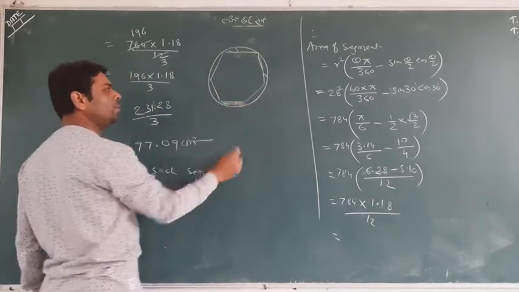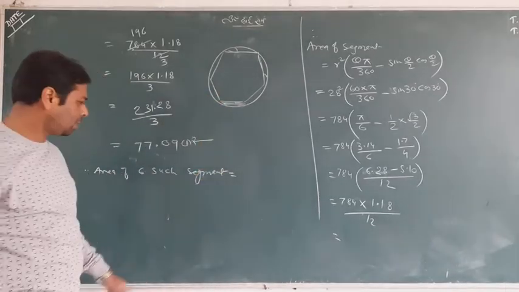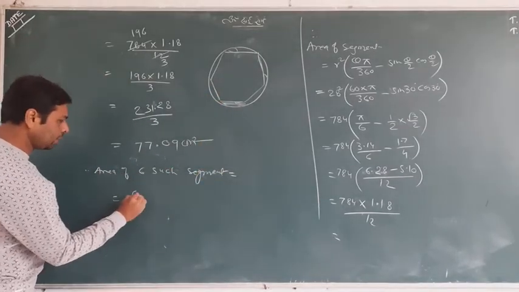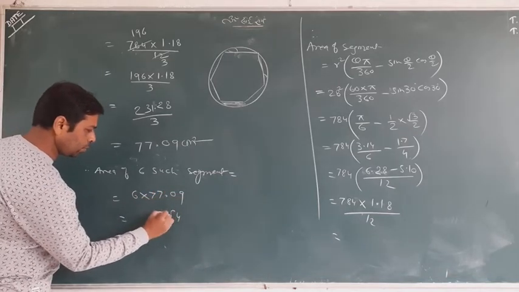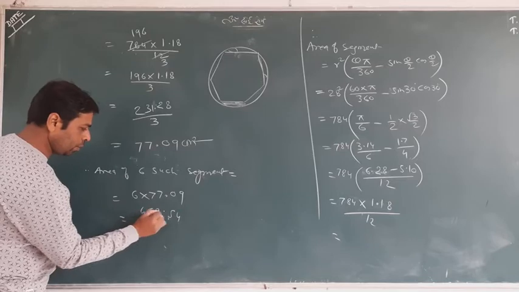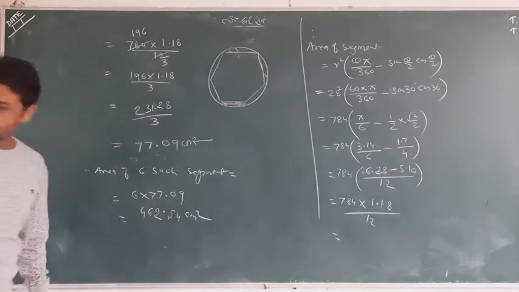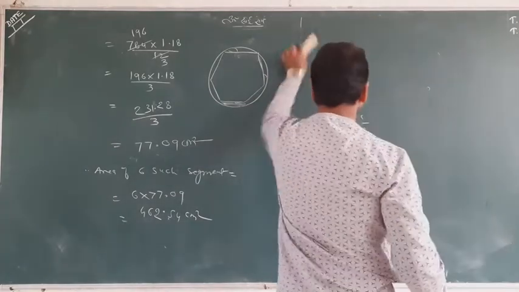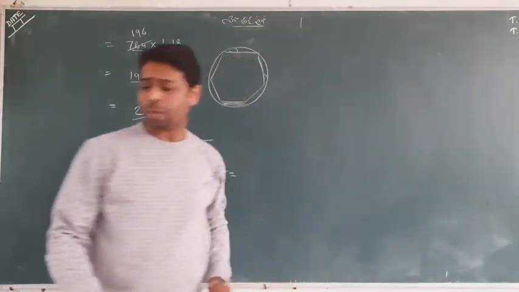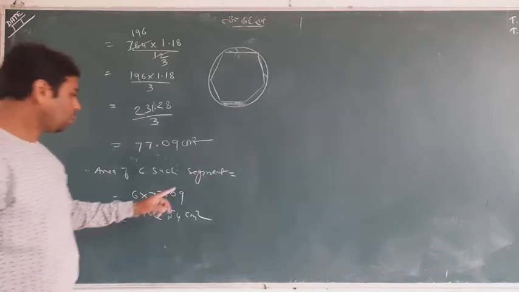Only one we found, and we have 6 segments. I multiply by 6. 6 into 77.09 gives us 462.54 square centimeter. This is the area of 6 segments.